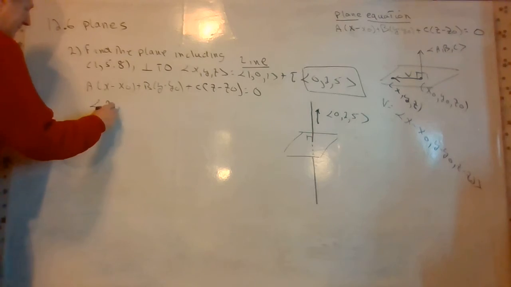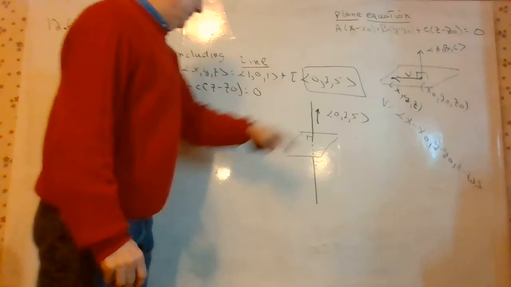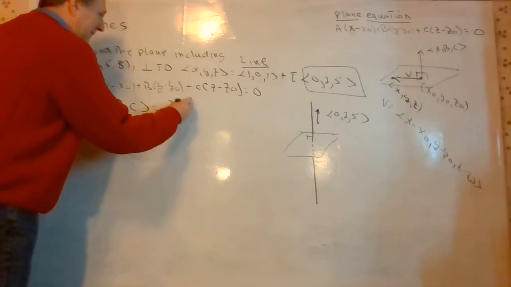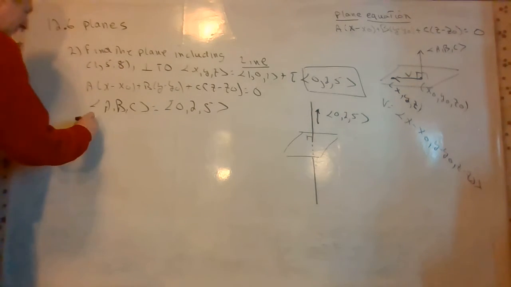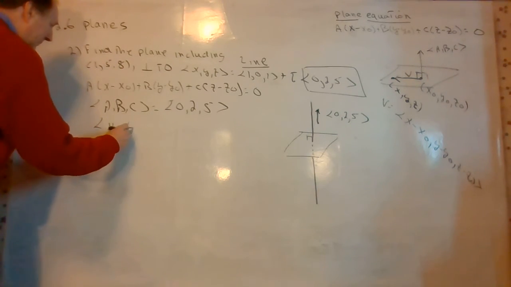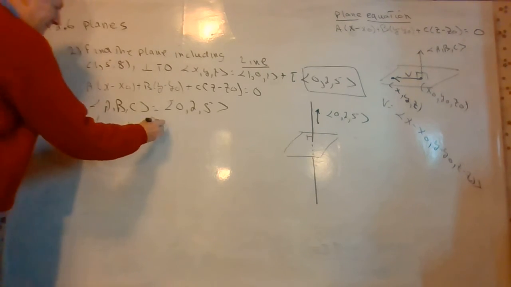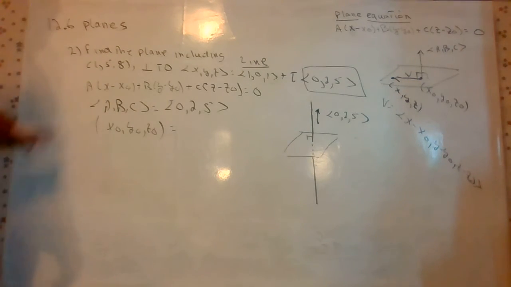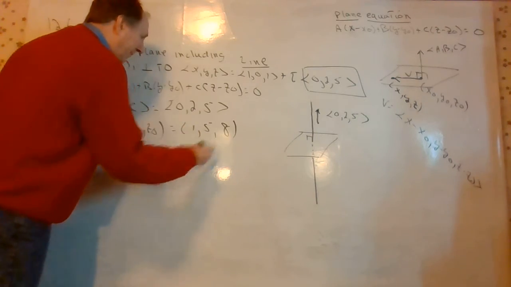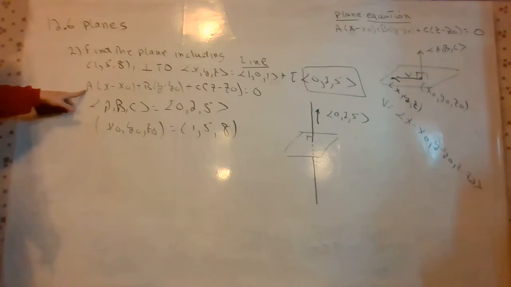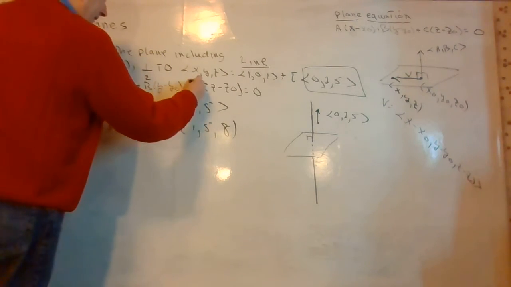ABC is a vector that comes out of this line equation: 0, 2, 5. Oops, that's the starting point of the line. x0, y0, z0 is given right here in the problem, 1, 5, 8. Now we simply substitute: 0, 2, 5 goes right here.